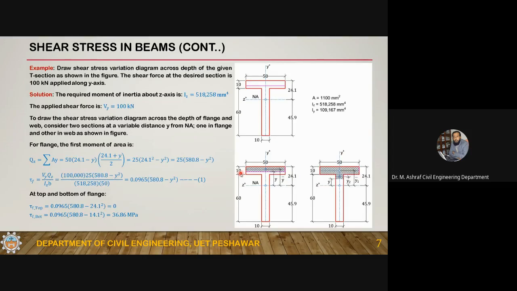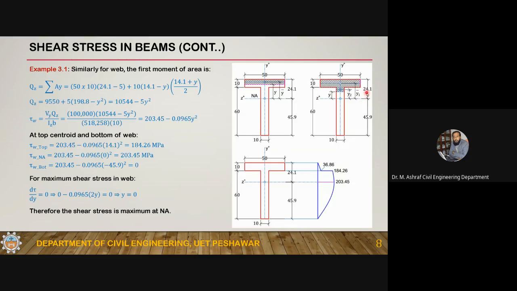Now coming to the web. If you want to calculate the first moment of area, I'm dividing it into the flange area and the web area. The flange area is a constant area, 50 into 10, and 24.1 minus 5, because from the top, the centroid of this shaded portion is at a distance of 5.